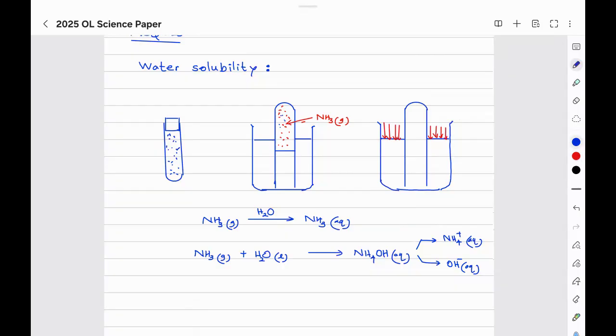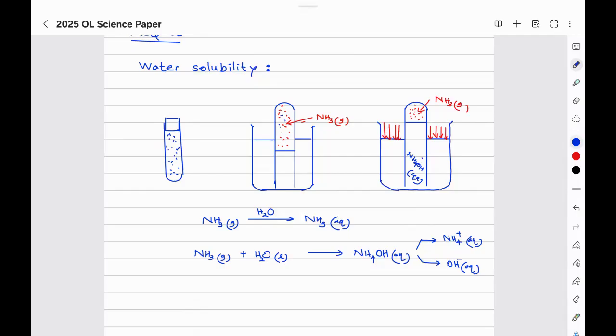The water level inside the gas jar is increasing rapidly. Understood? Now most of the ammonia gas particles are dissolved in water. Right? Now just imagine here we can see ammonium aqueous, ammonium hydroxide aqueous. So therefore the water level is rapidly increasing.